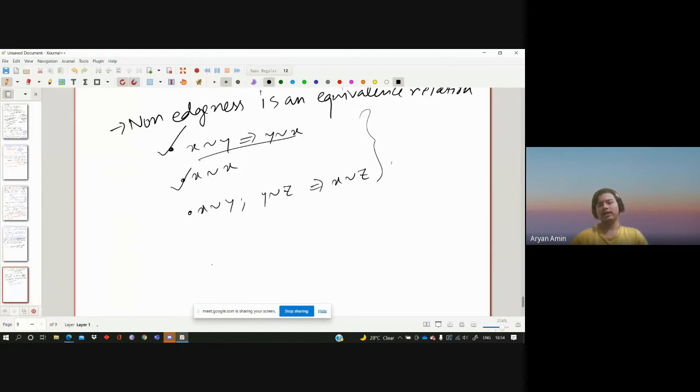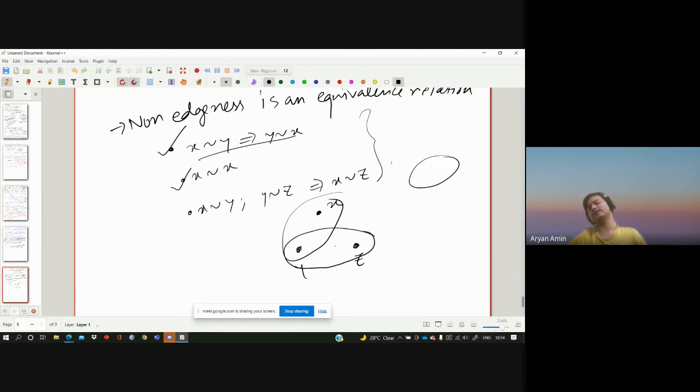True. And if there is no edge from x to y and no edge from y to z, then there is no edge from x to z as well. Basically, if there is no edge from x to y, then x and y are in the same partition, and if there is no edge from y to z, they're in the same partition as well.